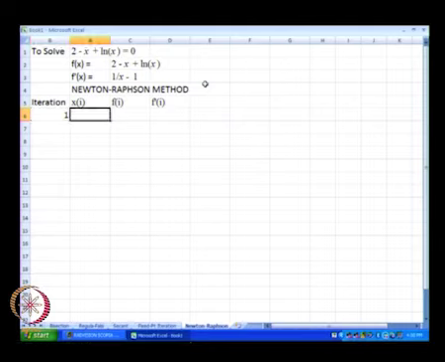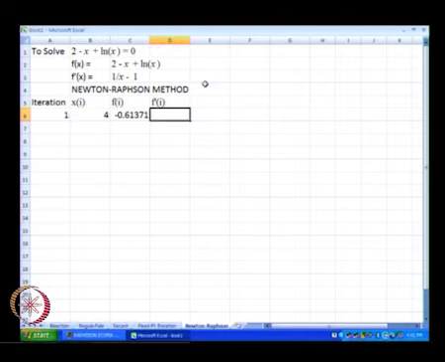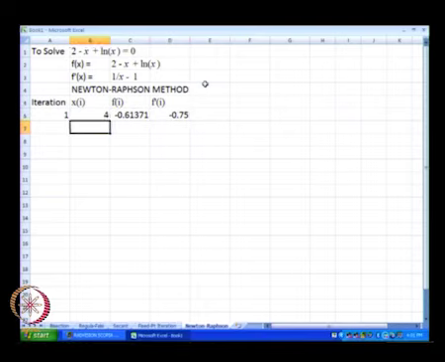The iteration index will start with 1 and xi as before will start with 4, and f of I is nothing but 2 minus xi plus ln of xi. Okay, and f dash is nothing but 1 divided by xi minus 1. Okay, so this is our fi, this is our f dash of I.